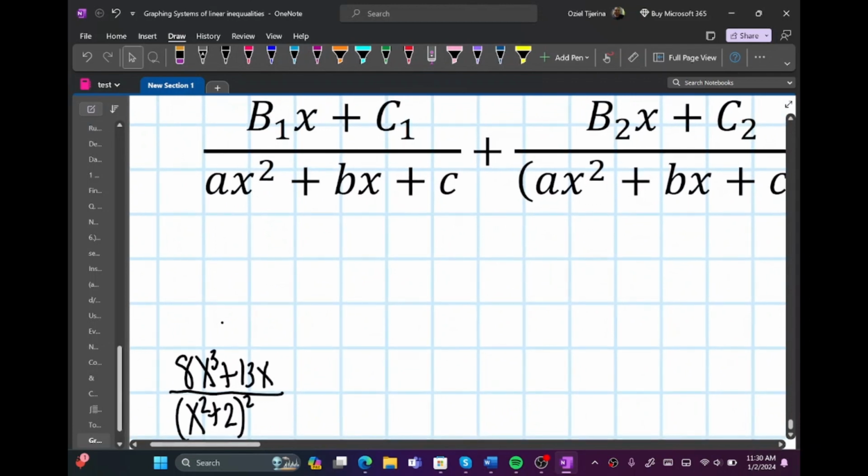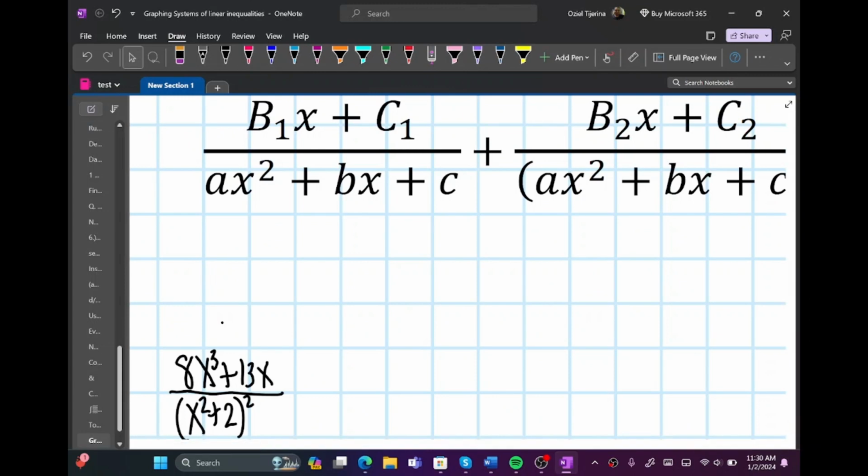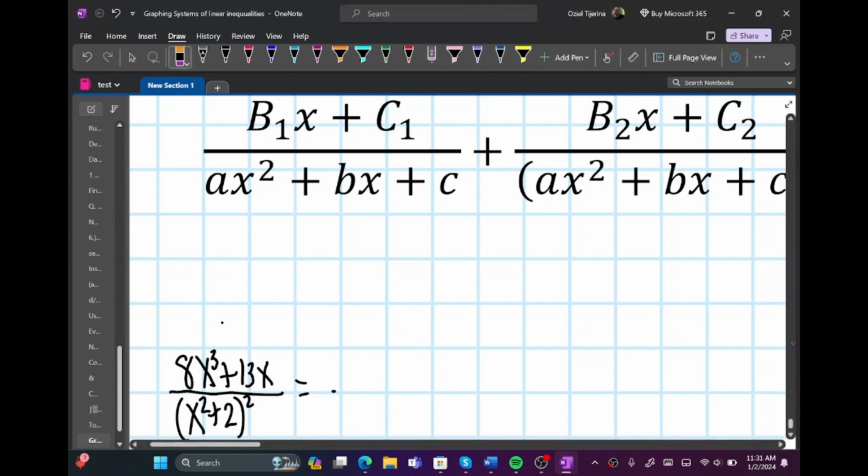Let's see here. Hold on. Instead of b1x plus c1, I'm gonna just use bx plus c. And actually I'm gonna use ax plus b, so it's the same thing, guys, if you think about it.